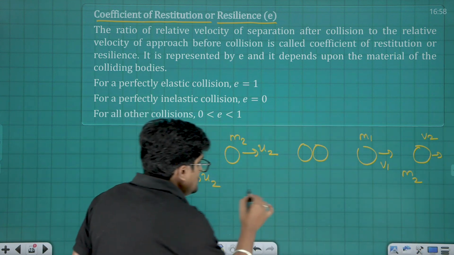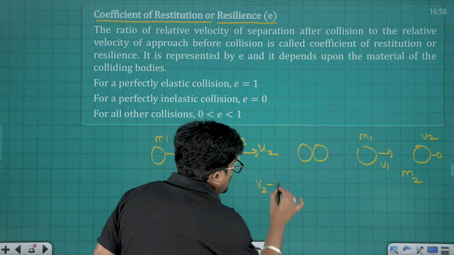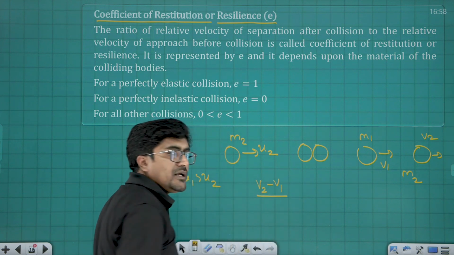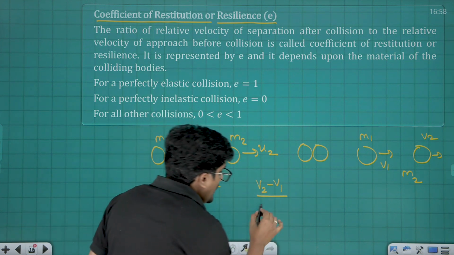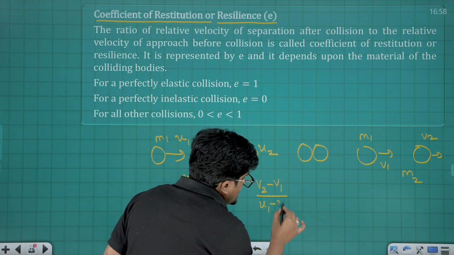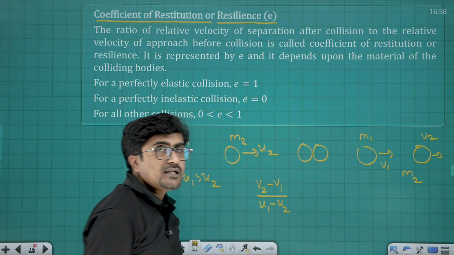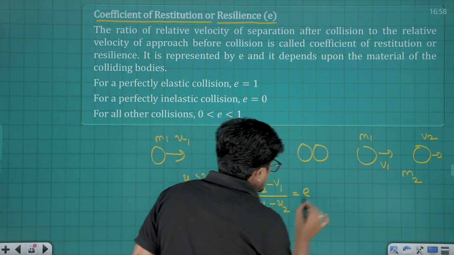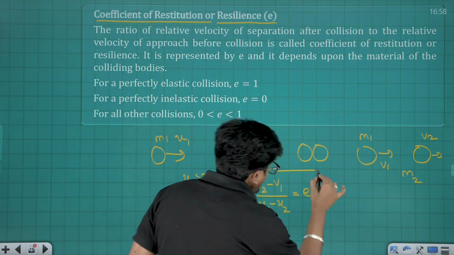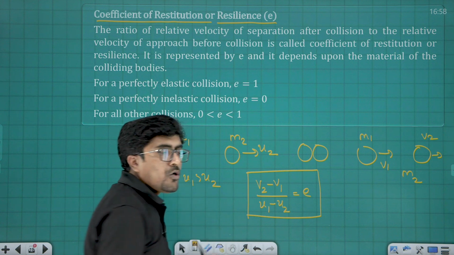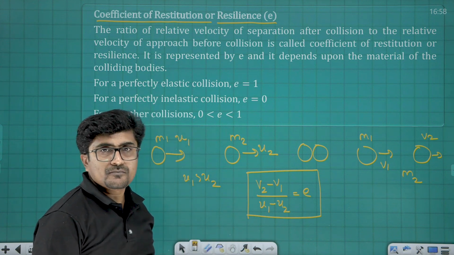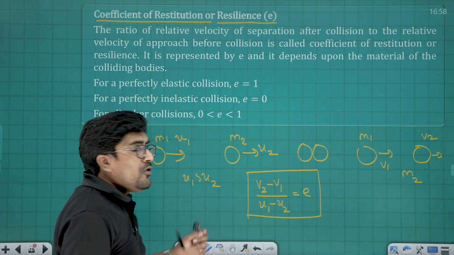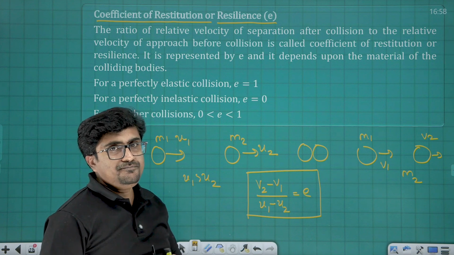Now v2 minus v1 is what we call velocity of separation, and u1 minus u2 is velocity of approach, and this ratio is known as coefficient of restitution or coefficient of resilience.